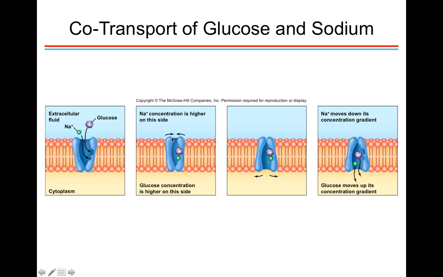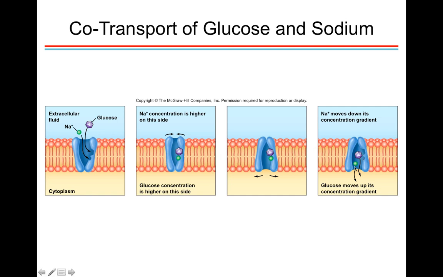When they're both binding, the energy of the sodium concentration gradient will allow for glucose to be brought in against its concentration gradient. So again, the energy of the sodium concentration gradient is now moving glucose against its concentration gradient to the inside of the cell.